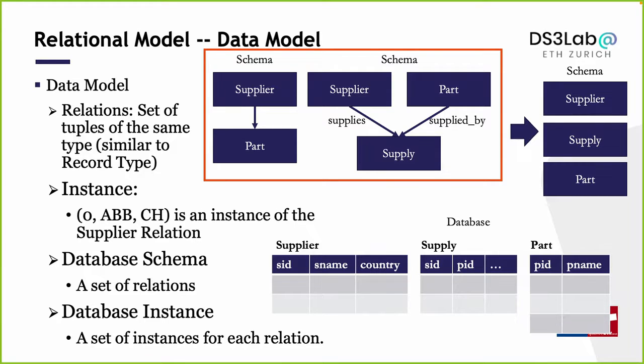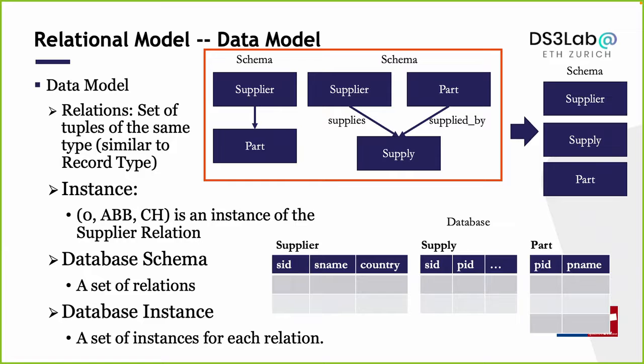Each relation becomes a table. The supplier relation is a table that looks like this, and you have the supply and part tables. All your data is organized into tables. So that's the data model of the relational model. As you can see, it's actually kind of different from the hierarchical model and the network model. I do not want to model the connection between all those relations.